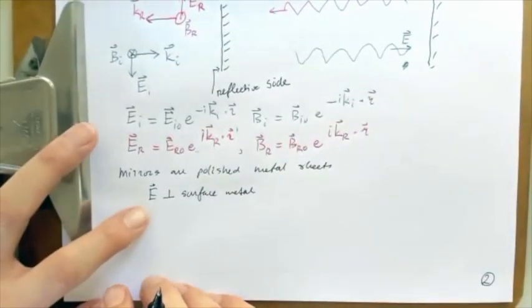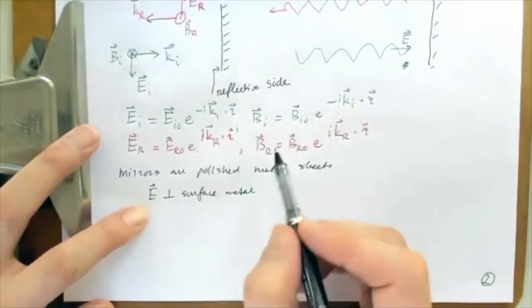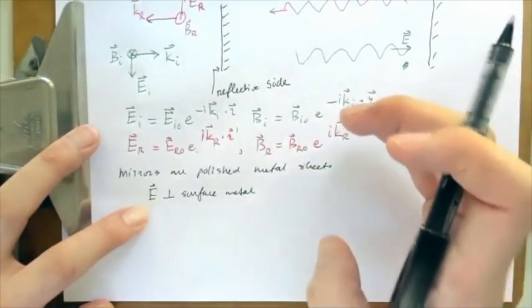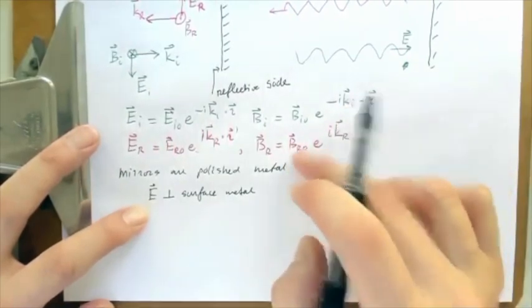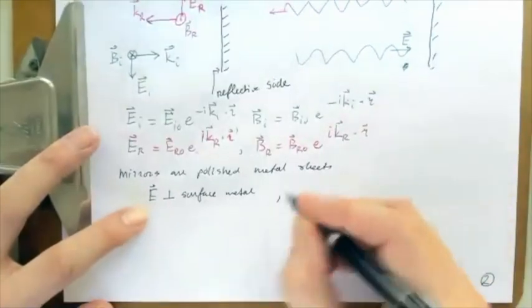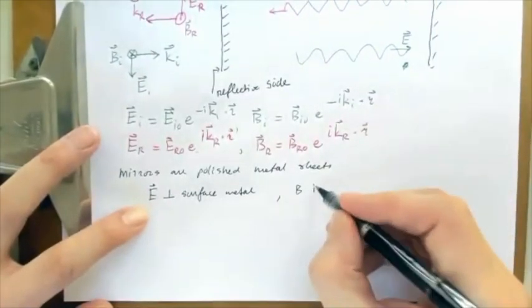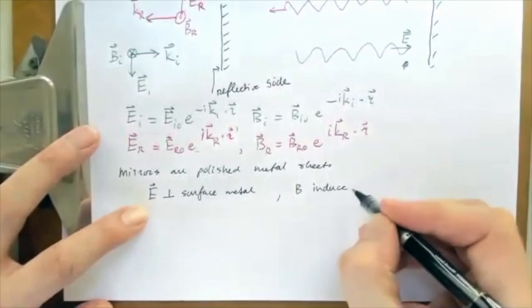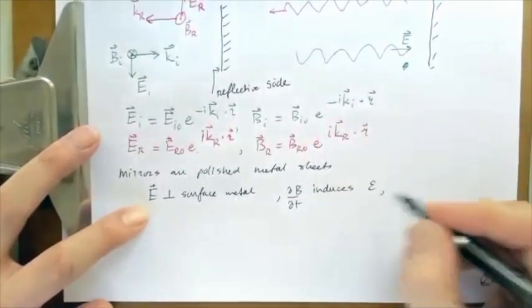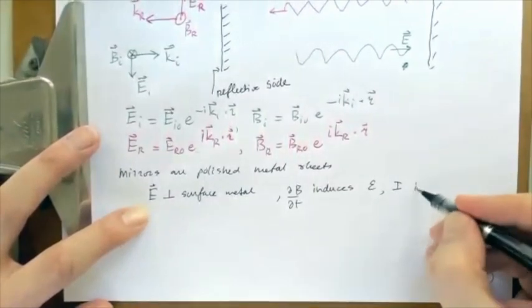The other thing we know is that if we expose a conductor to a time-varying magnetic field, it's going to induce currents because of the EMF that gets induced. So another thing to say is that the derivative of B induces an EMF and then a current in the metal.